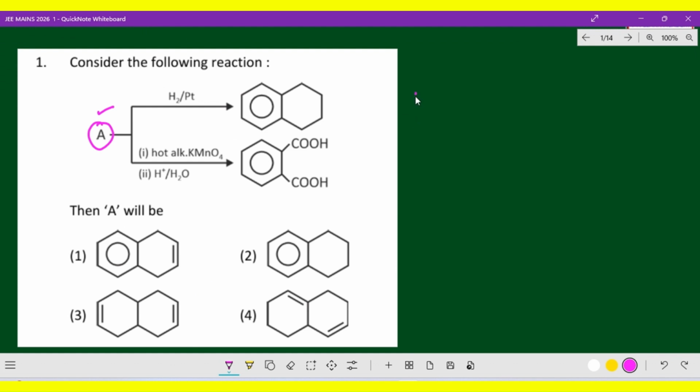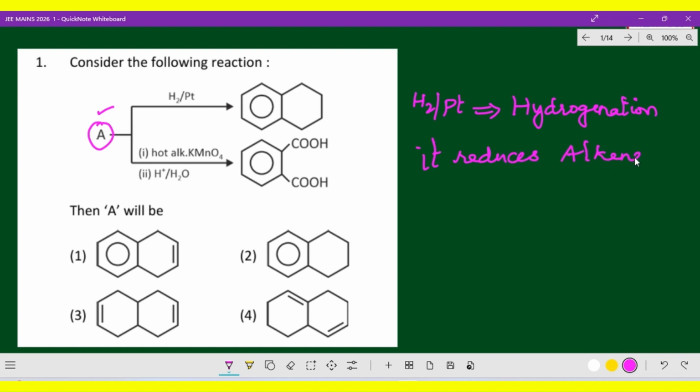The first point: H2/Pt. This is nothing but hydrogenation. Hydrogenation reduces alkenes and aromatic rings.